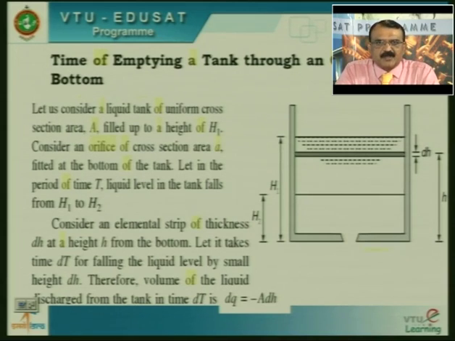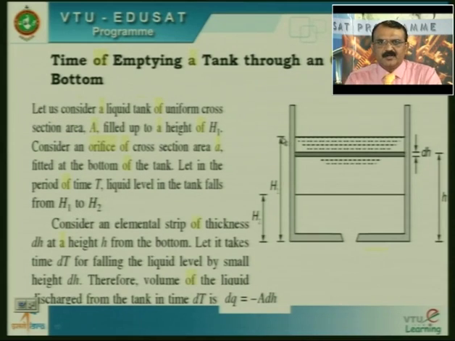Consider an orifice of cross sectional area small a fitted at the bottom of the tank. The one what you are seeing here is an orifice having a cross sectional area small a. Let in the period of time T, the liquid level in the tank falls from capital H1 to H2.